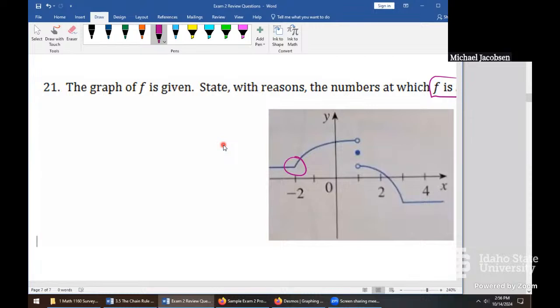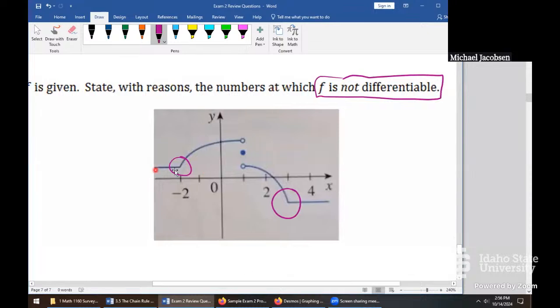And think of it from this point of view. Imagine this is a roller coaster ride. You're just looking at a side view of it.